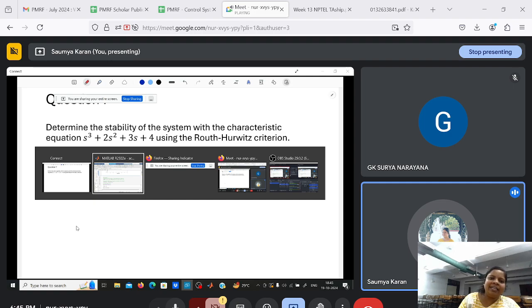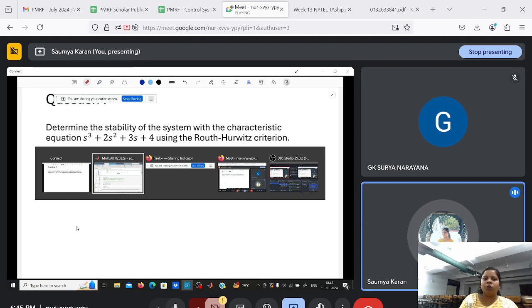We want to remove any leading zeros in the characteristic equation, then find the number of coefficients. Then we arrange it in the form of a Routh array by dividing it by 2, so that it goes in alternate fashion. Then we construct the Routh array by positioning the elements.